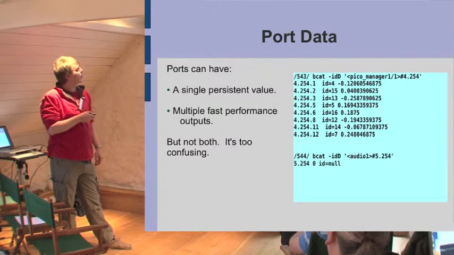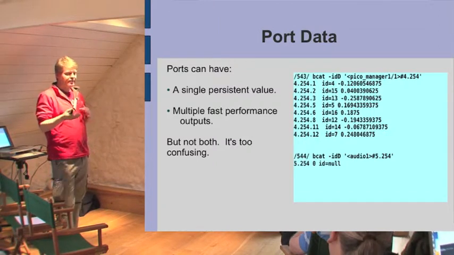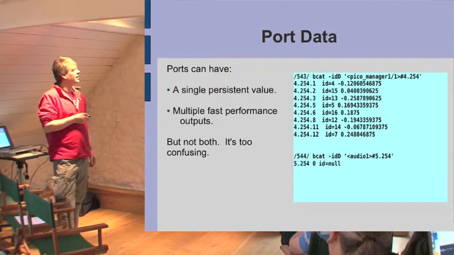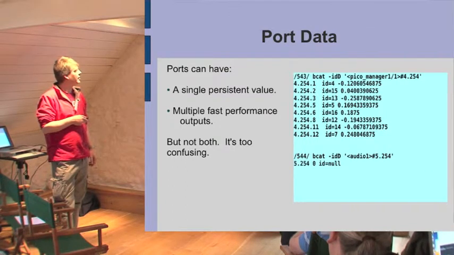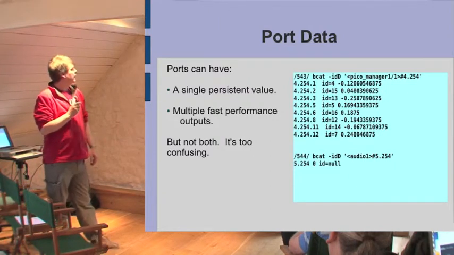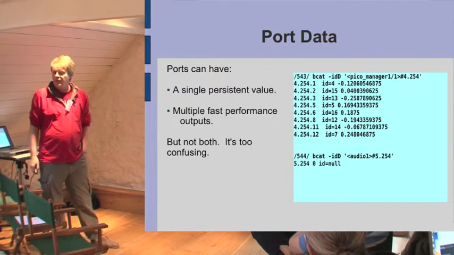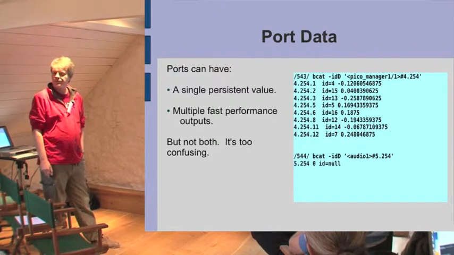Right. So we've talked about how state variables can have both a slow and a fast value. Ports inherit some of the same properties, but we do restrict it just for sanity's sake. So this data is also currently sent as a string from agent to agent?